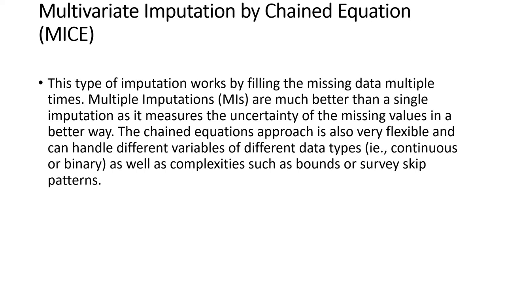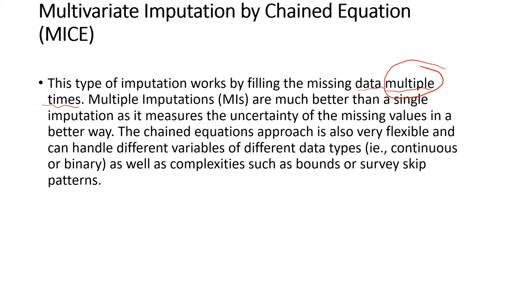Next is multivariate imputation by chained equations, MICE. This type of imputation works by filling the missing data multiple times, not a single time. In all the methods we discussed, we were filling only once. Here we fill the missing values multiple times. Multiple imputation is much better than single imputation, as it measures the uncertainty of the missing value in a better way.